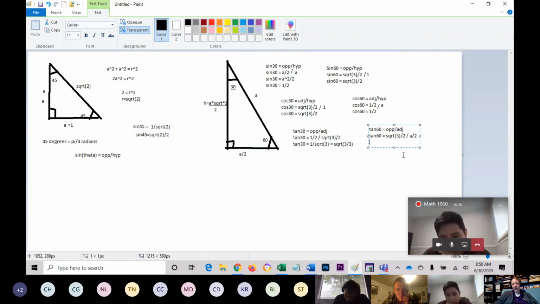And as we're doing this, we're going to flip this. So the 2's are going to cancel. And the a, as we said, that's a 1, right? Yeah. So the tangent of 60 works out to be what? A square root of 3. Just plain old square root of 3. Square root of 3, yeah.